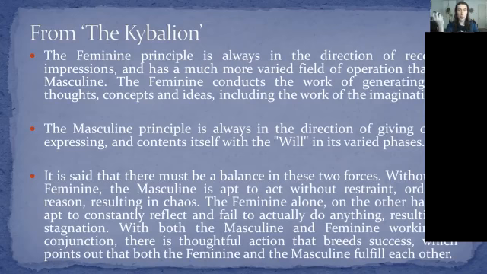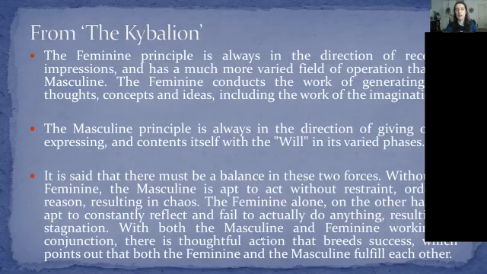The masculine principle is always in the direction of giving out or expressing the contents of the will, such as the fire signs, dealing with willpower, initiation, outer expression. It is said that there must be a balance in those two forces. Without the feminine, the masculine is apt to act without restraint, order, or reason, resulting in chaos.